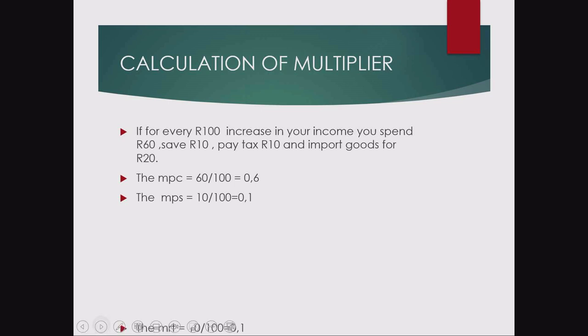And then you've got your marginal rate of taxation, which is 10 over 100, you get 0.1. And then you've got your marginal propensity to import, which is your MPM, your 20 Rand divided by 100, you get 0.2. It is important for us to know where these decimal numbers are coming from. This is how you get them.